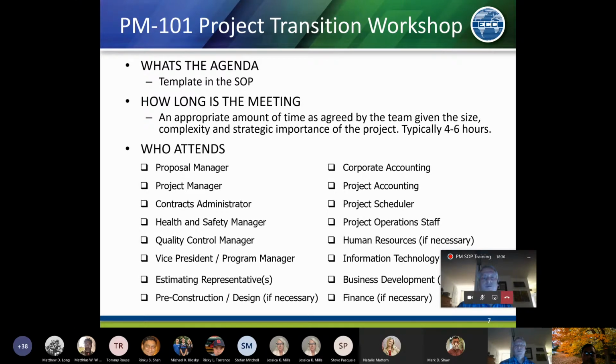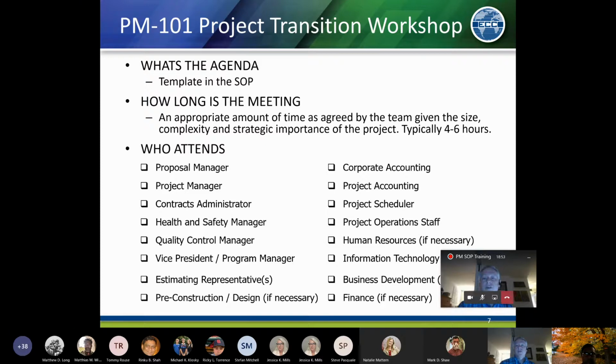And the same goes for the transition meeting time. Typically, a transition meeting for an average size project runs around 4 to 6 hours. We've had a few that run 2 days. Big, large projects like the Little Rock project, I think that was a 2-day session.